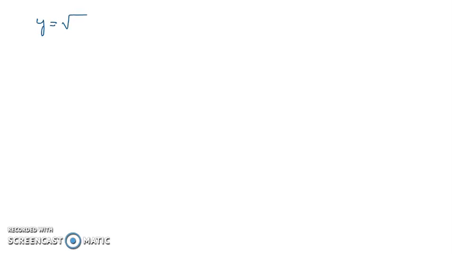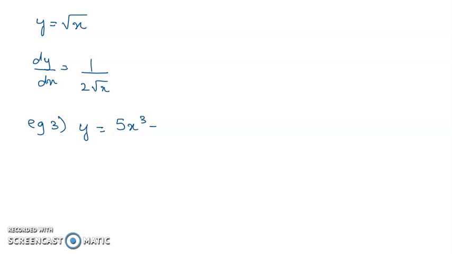When we have a function where we have a square root on the variable, the rule says 1 upon 2 square root of x. This means if you take a function 5x cubed minus 2 square root of x plus 3, differentiating it will give us 5 into 3 x to the power 3 minus 1.